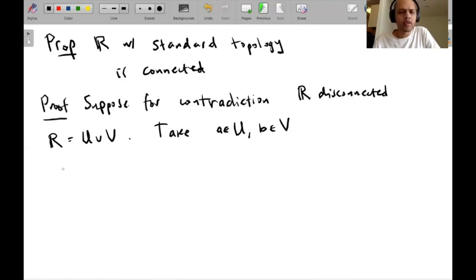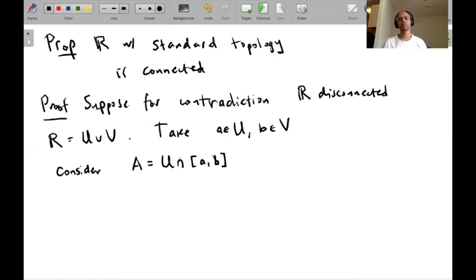So let's consider the set A, let's call it A, the set U intersect the interval [a, b]. So, okay, before we do that, let me just remind you what we're going to try to do.